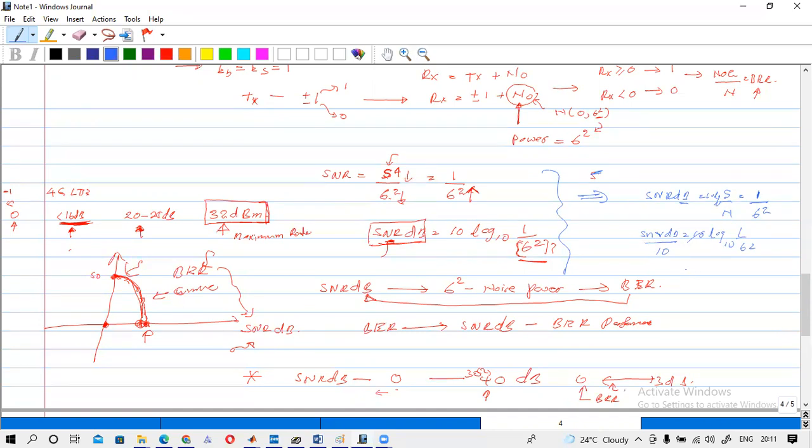So 1 by sigma square will be 10 to the power SNR dB divided by 10. So sigma square will be 1 by 10 to the power SNR dB divided by 10.